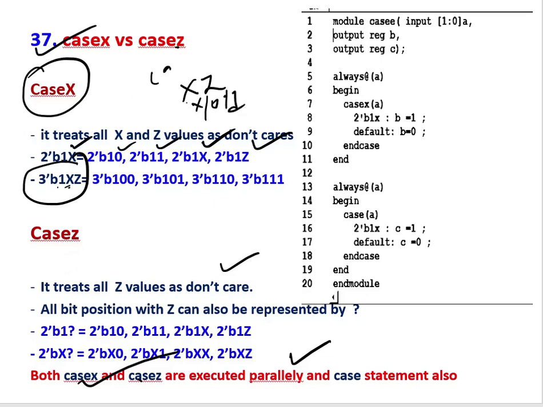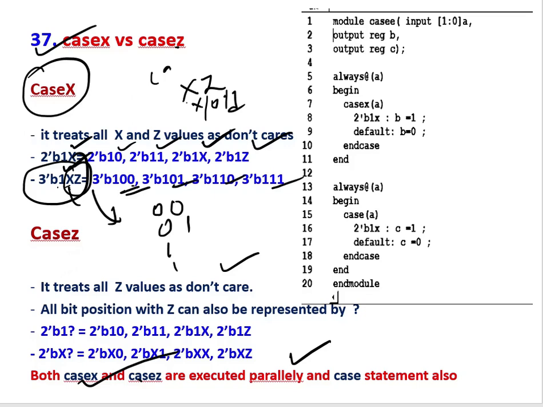So 3'b1xz can be 1 0 0. The 1 is fixed, and the XZ value can be 0 0, 0 1, 1 0, or 1 1. So 0 0, 0 1, 1 0, 1 1.